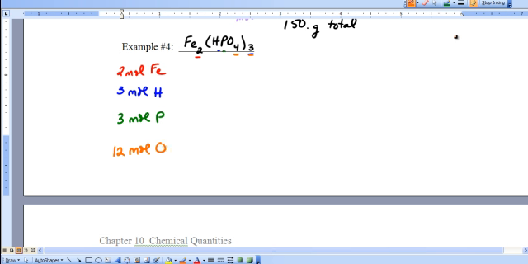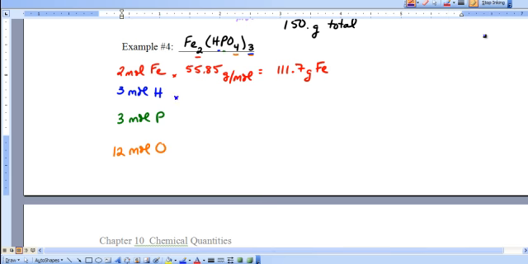And so that's the mole breakdown in 1 mole of compound. So let's go ahead and change those into grams. Iron has a molar mass of 55.85 grams per mole. And so we're going to have a total of 111.7 grams of iron in the compound.